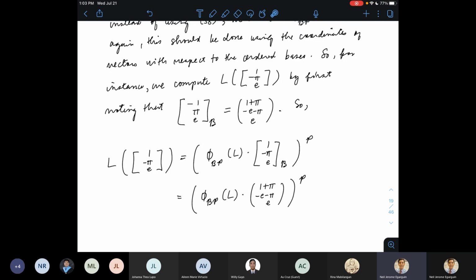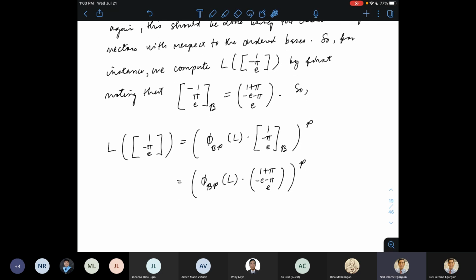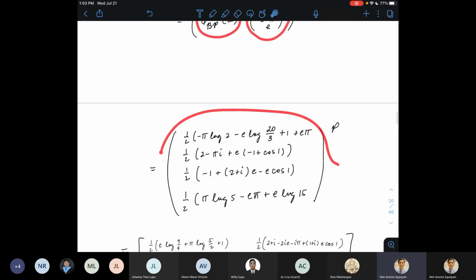So again, the first step is to find the coordinates of the given vector with respect to the chosen basis B. And if you do that, you'll find that the coefficients will be this, okay? And I need to multiply it to the matrix representation. So matrix representation times coordinates of the vector whose image we want to evaluate. We'll get a product, but that product is a set of coordinates.